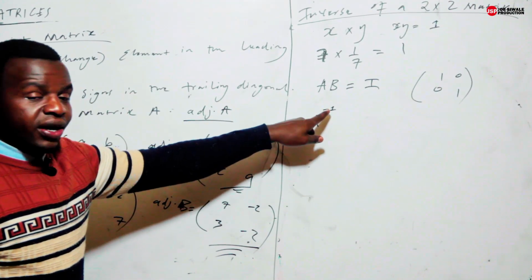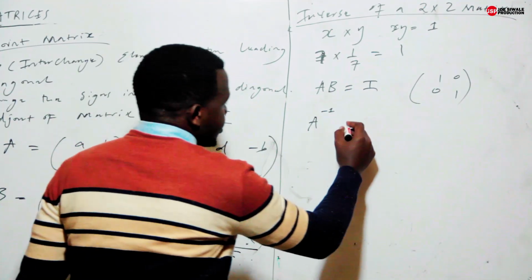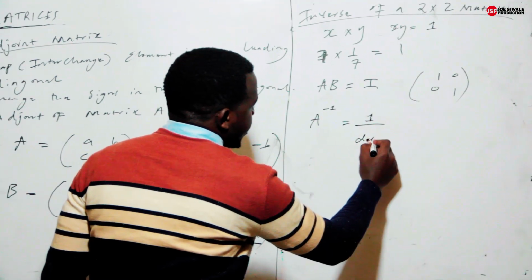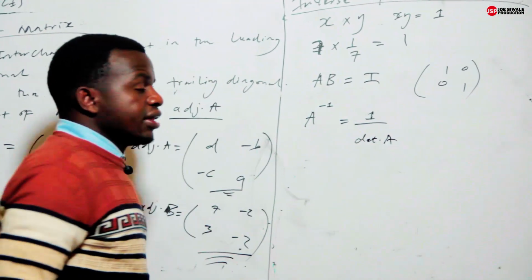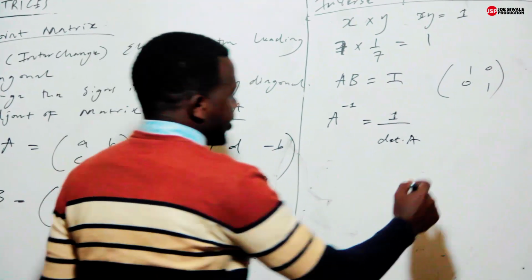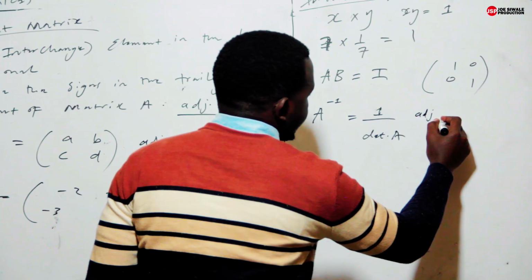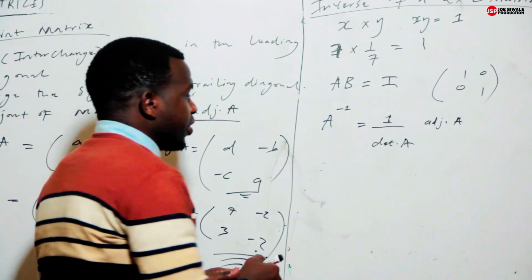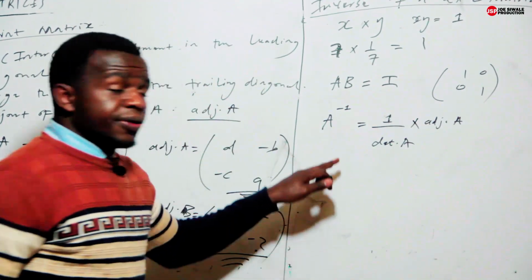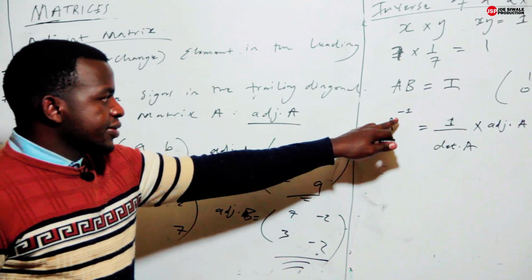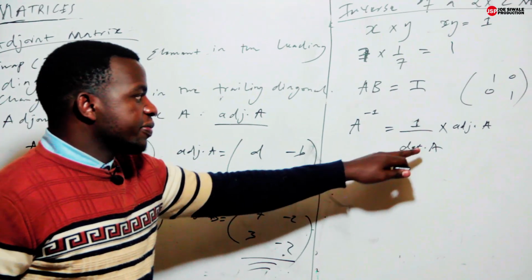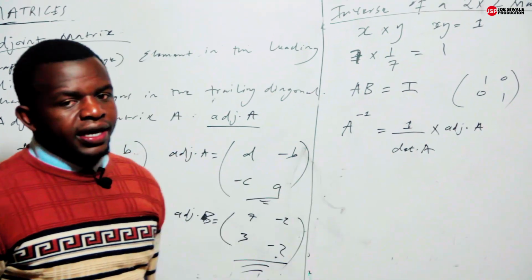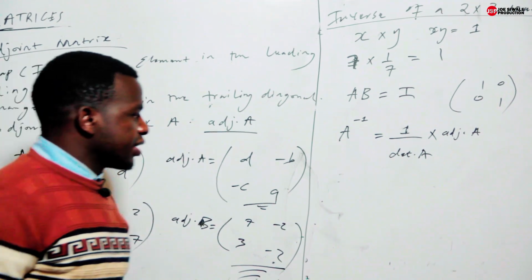So A to the power negative 1 is equal to 1 divided by the determinant of A, then multiplied by the adjoint of matrix A. So this is the simple formula that you have to know. So the inverse of matrix A is equal to 1 divided by the determinant of matrix A multiplied by the adjoint of A.